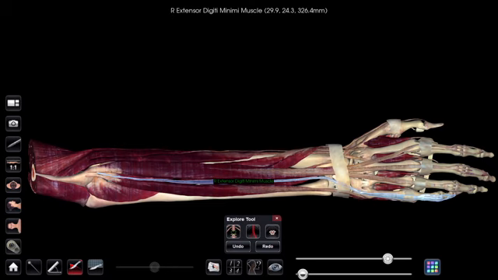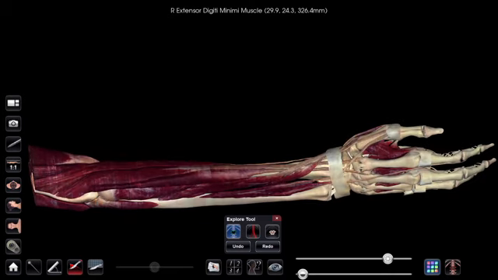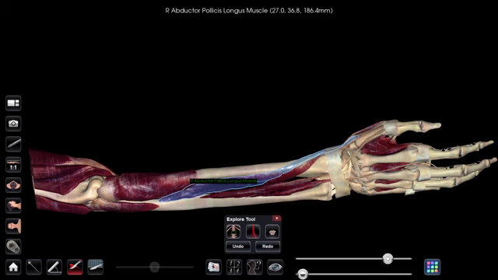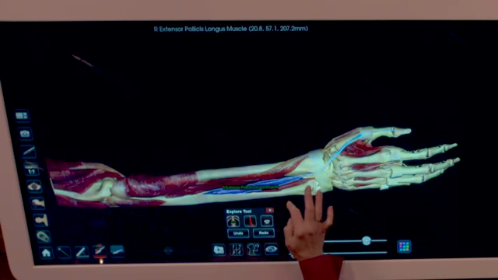If we remove those, we see those outcroppers, or snuff box muscles as they're called. Here is abductor pollicis longus, extensor pollicis brevis, and extensor pollicis longus. And there's the anatomical snuff box.